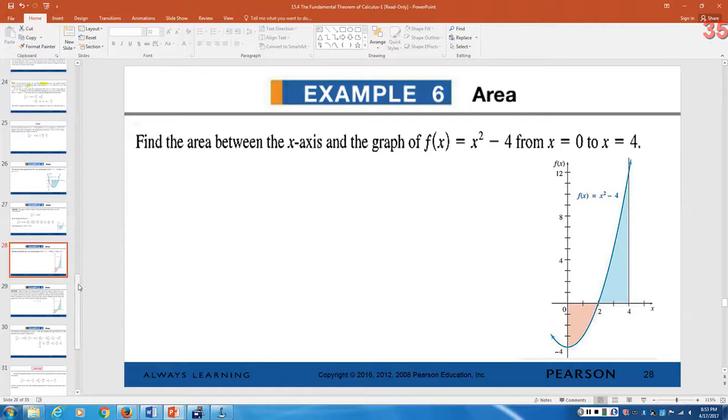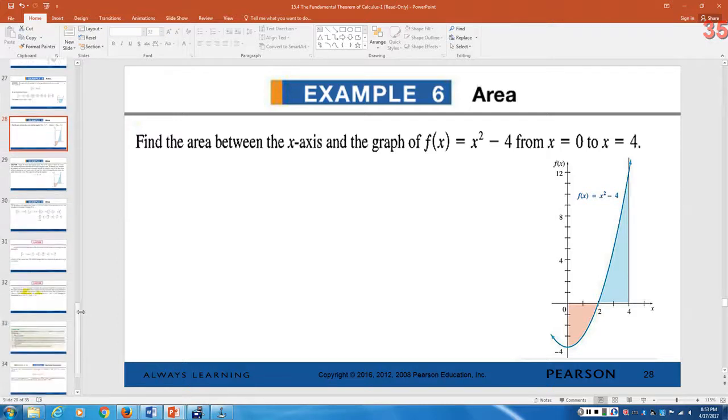And then the one remaining thing to be cautious of is, in this case, we're talking about x squared minus 4 from x equals 0 to x equals 4. And here we've got a real problem, because part of the area is under the x-axis and part of it is above the x-axis.